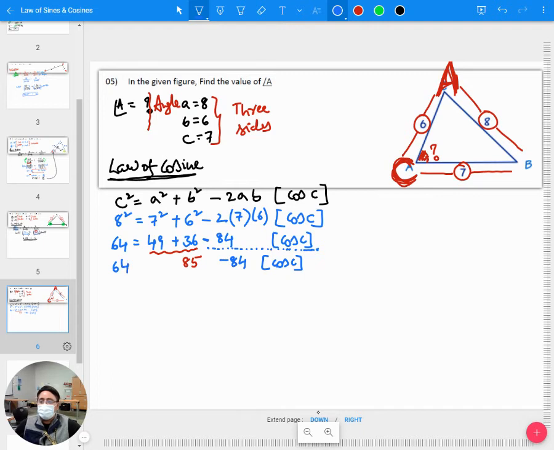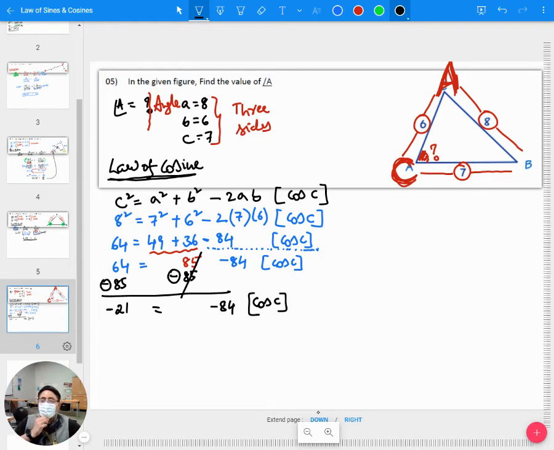So let's try to isolate the cos c part. We go for the inverse operation, subtraction by 85 on both sides. So 64 minus 85 gives us negative 21 equals negative 84 cos c.